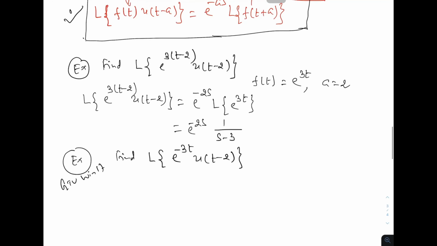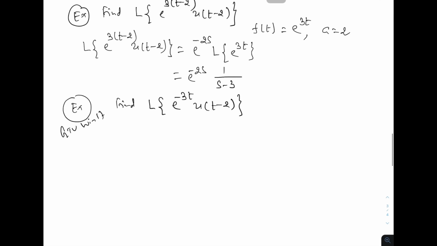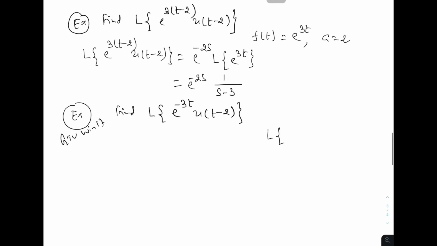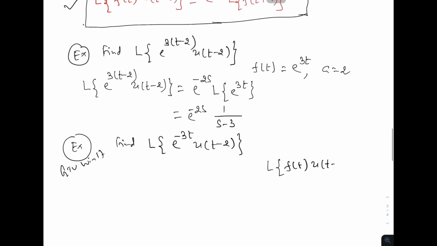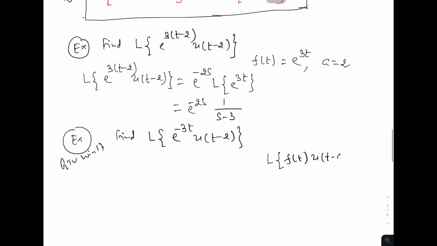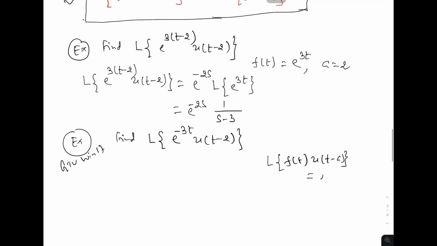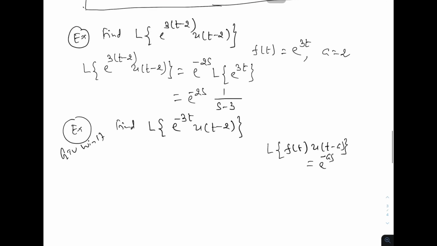Now see, let us again write the result. Laplace transformation of f of t u of t minus a is equal to e power minus as Laplace transformation of f of t plus a. Let us see this one.